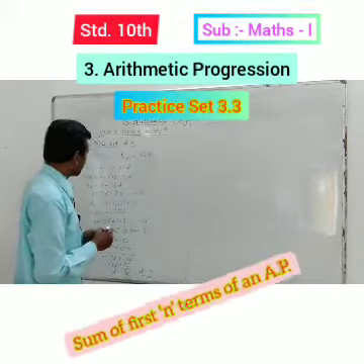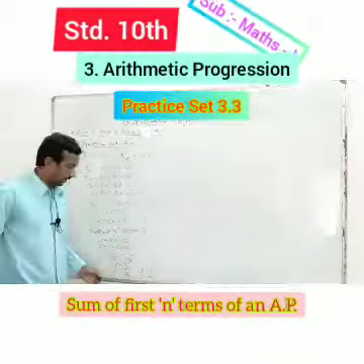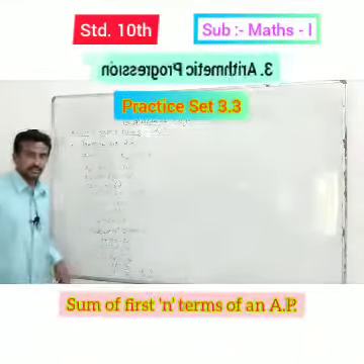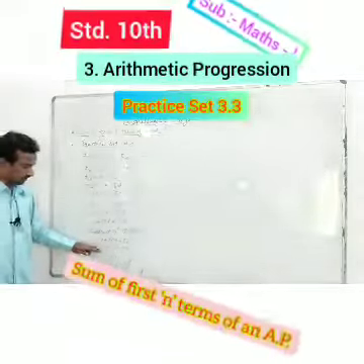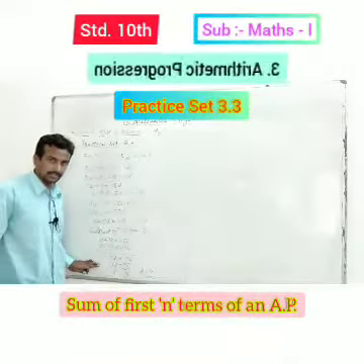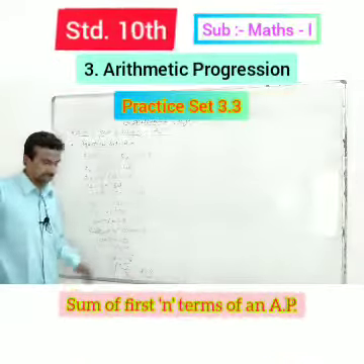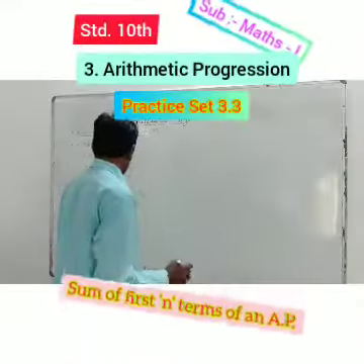Or by adding also we can get the same values. If we find the values of d and a, then put them in the sum of n terms, or by adding these two equations we get a third equation. Both methods can solve the same examples. d is equal to 4.